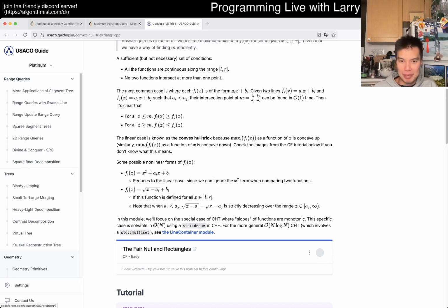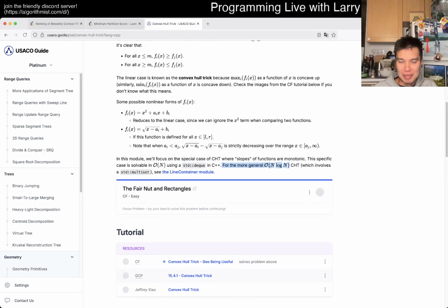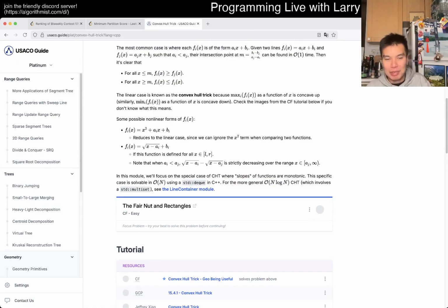Oh, maybe I need this one. Maybe I can't do it with Q. Maybe I need the one with the sorted list. Maybe that's why. What is X?